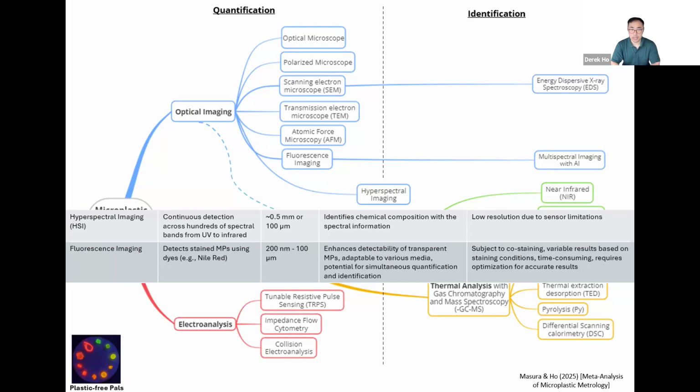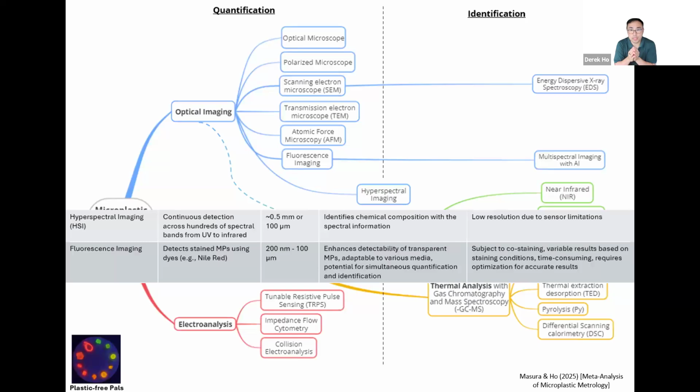For fluorescence imaging, where you dye it with stains like Nile red, it is great because it enhances the detectability of transparent particles, which often get missed. It's adaptable to various media, and it has a potential for both quantification and identification, which I have explored.